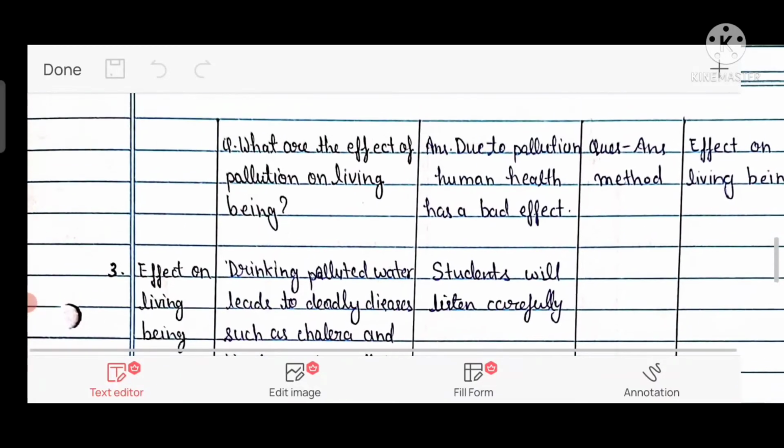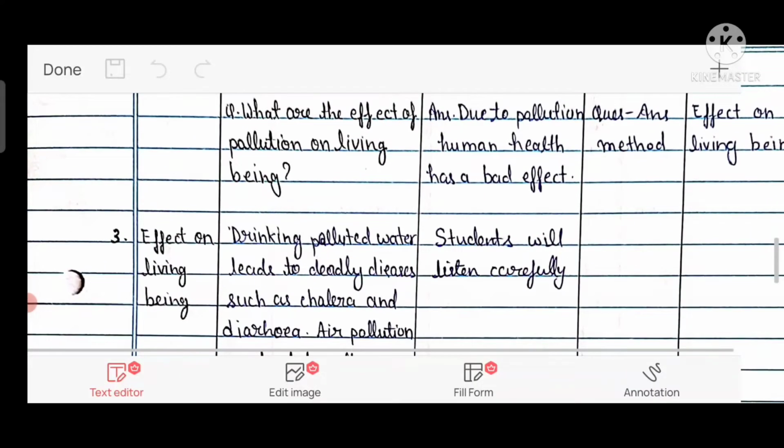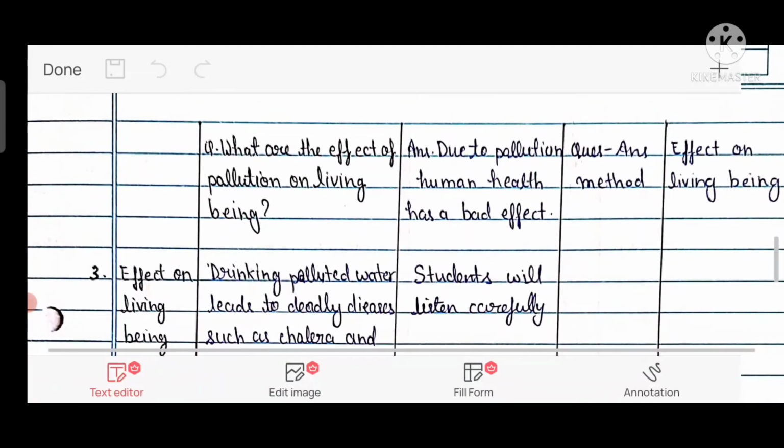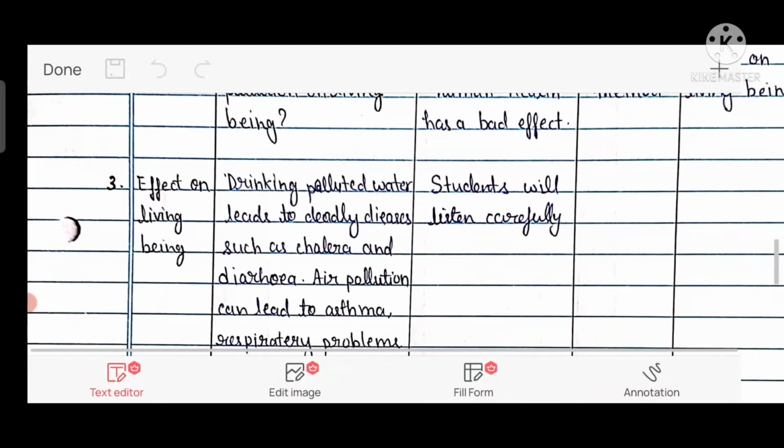Then we ask again a question, what are the effects of pollution on living beings? In student activity, students are responding, device and method, question answer method, and in blackboard column, effect on living beings.